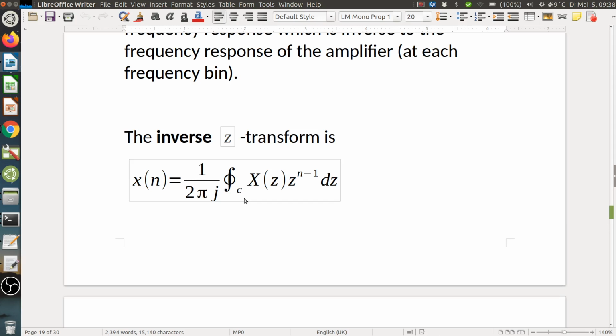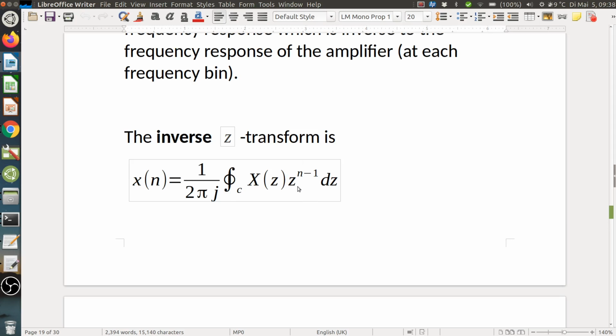But the Z transform now is also a continuous function. Since we assume we have an infinitely long signal, the frequency domain is now continuous, right? So in the time domain, it's not periodic, and that means in the frequency domain, now we have a continuous function. And that's also why we need this integral here instead of a sum.